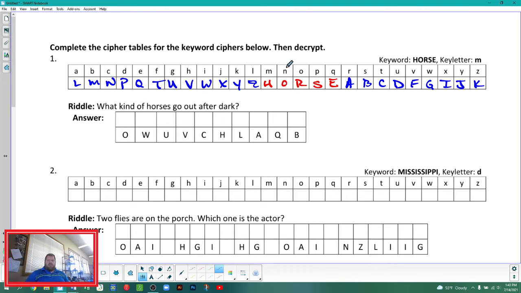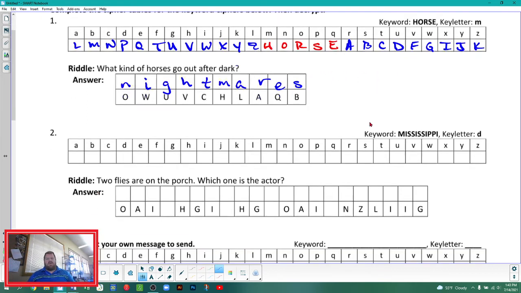O came from N, W came from I, U came from G, V came from H, C came from T, H came from M, L came from A, came from R, and we can probably guess at this point. Q came from E, and B came from S. Nightmares. Those are the kind of horses that go out after dark.